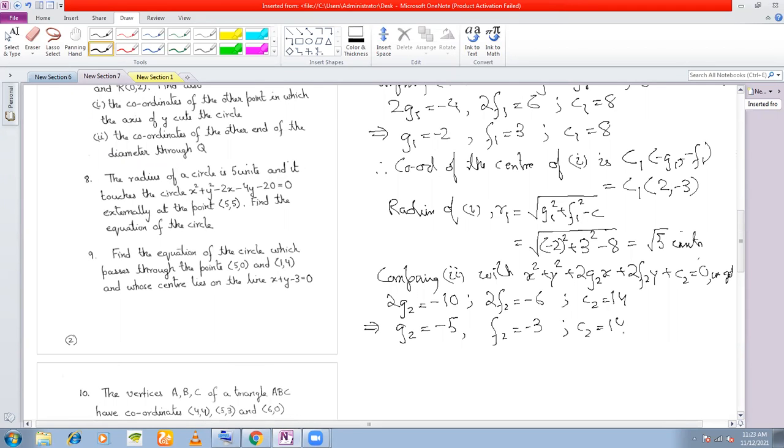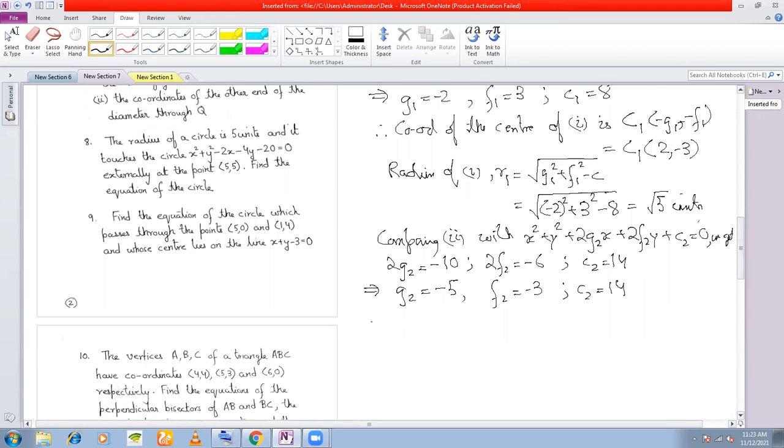So therefore, the coordinates of the center of 2 is, let's say, C2 (minus g2, minus f2), which is equal to C2 (5, 3), changing the sign of g2 and f2.